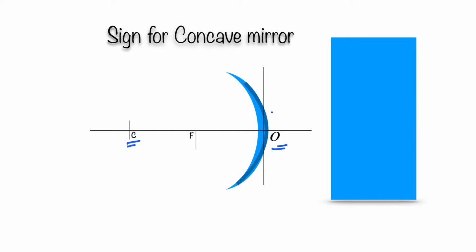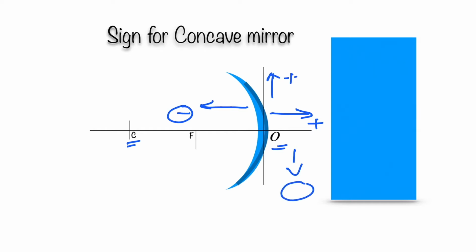So anything measured to the right of O is positive, to the left of O is negative. Similarly, above this principal axis is positive and below this principal axis is negative.